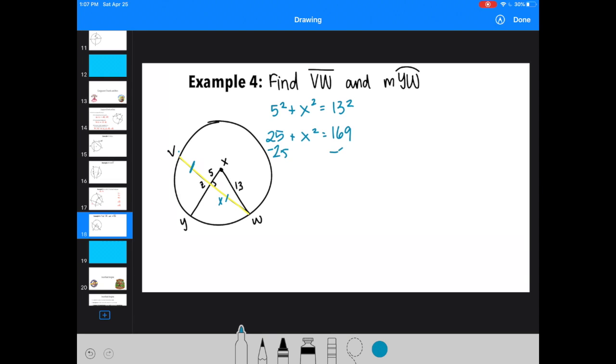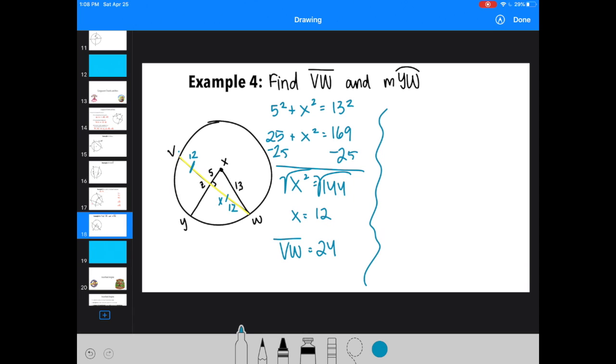Okay, minus 25, minus 25. x squared is equal to 144. What's the square root of 144? That's going to be 12. So if one half of these is 12, this other half is 12. 12 plus 12 gives me the length of VW, which would be 24. All right, there's VW.